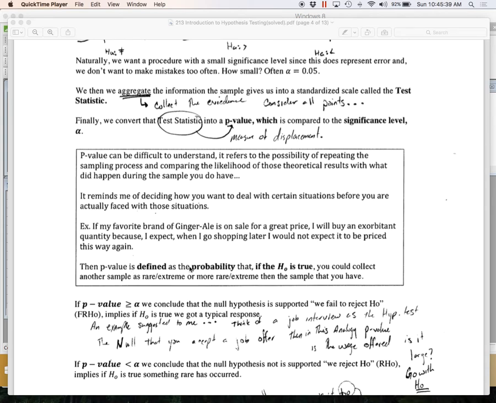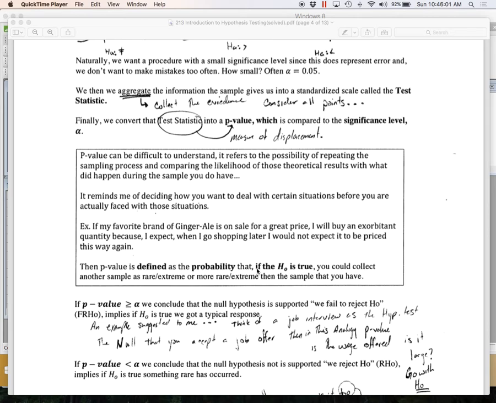Okay, so the p-value says that if the null hypothesis is true, the p-value is actually the probability of seeing a sample more strange than the sample that you just got. So it's like saying I went out, I saw the price of pop was $7, then fine, I went out again.